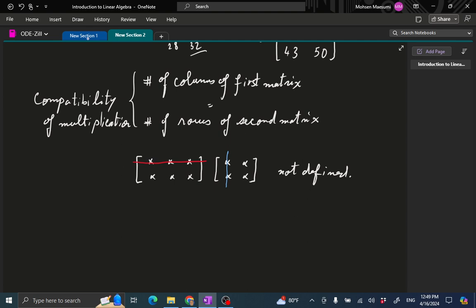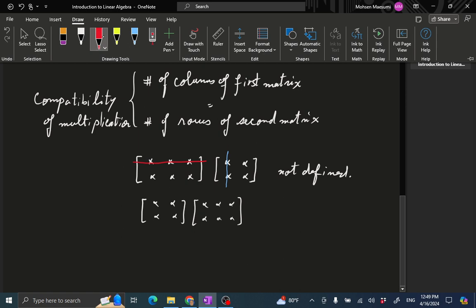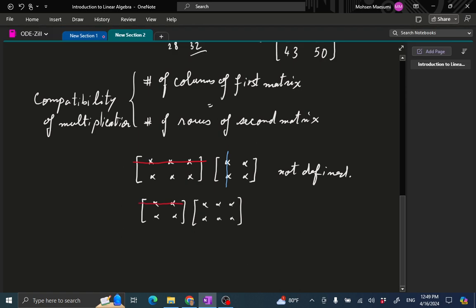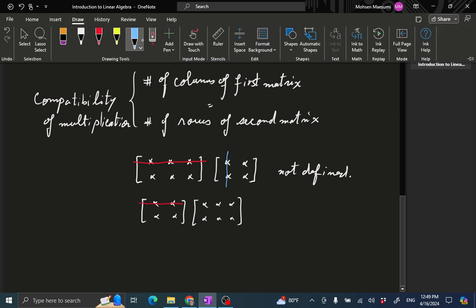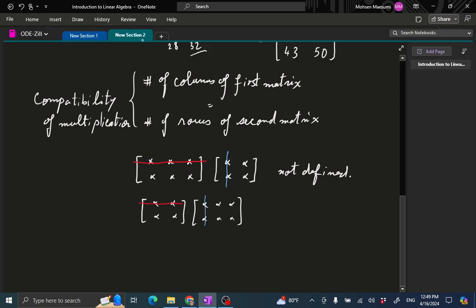What if the other way around? Suppose I had 2 here, and then I had the following as a second entry. Would that work? Well, I have to take a row of this, and I have to take a column of that. Can I multiply them? Yes, I can. First with first, second with second, and everything works out.